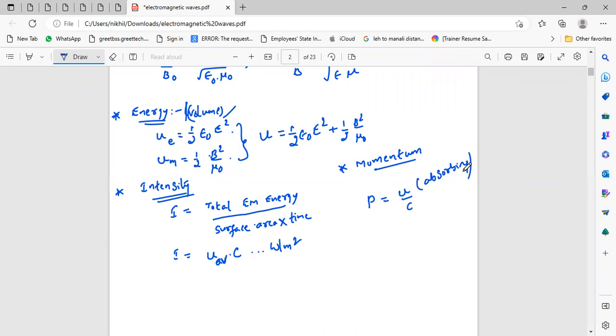Suppose it is a reflecting surface, not absorbing, then the total momentum will be 2 times U divided by C. And if the surface is absorbing, then the momentum is U divided by C, where U is the energy and C is the speed of light.